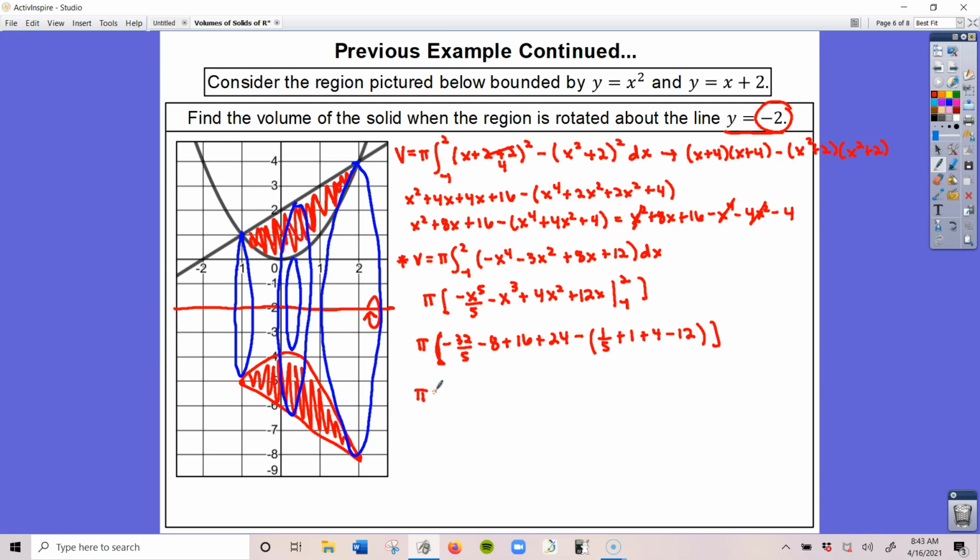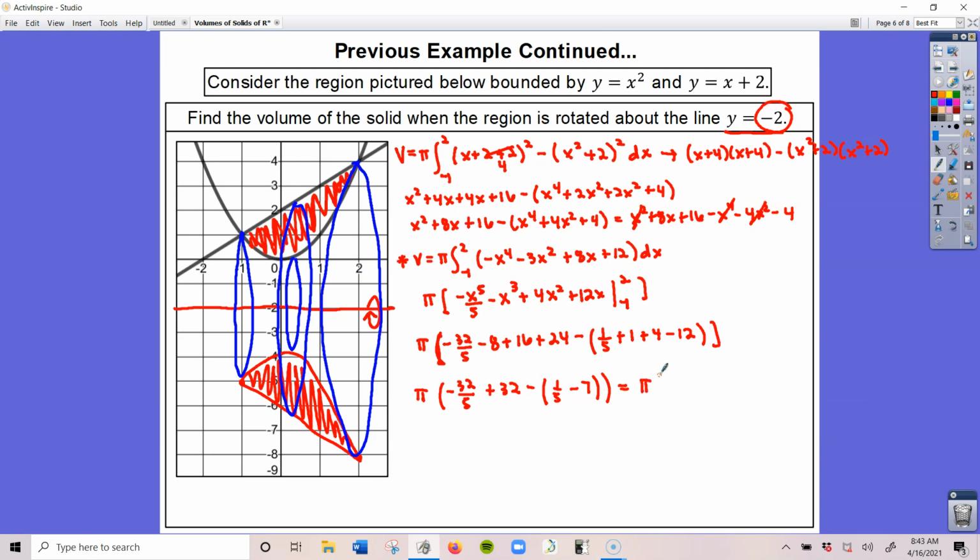We have again the pi, negative 32 over 5, negative 8 plus 16 is 8, plus 24 is plus 32, minus 1 over 5, and then 1 plus 4 is 5, minus 12 is negative 7. So I'm going to distribute the negative now.